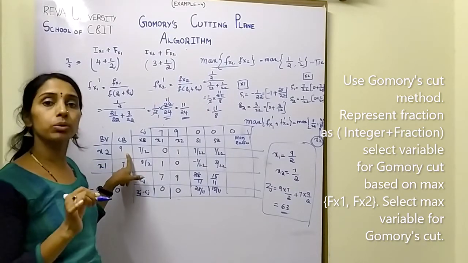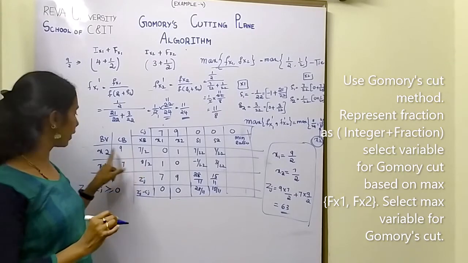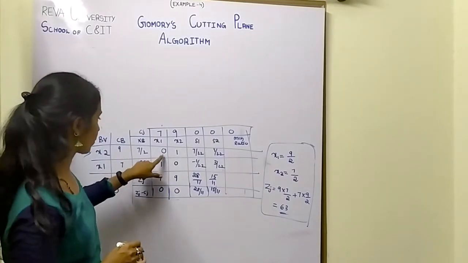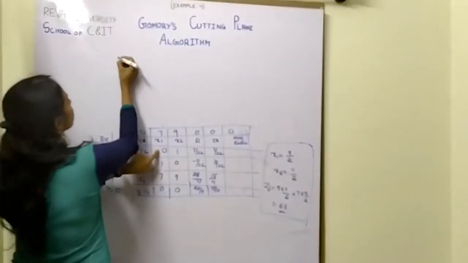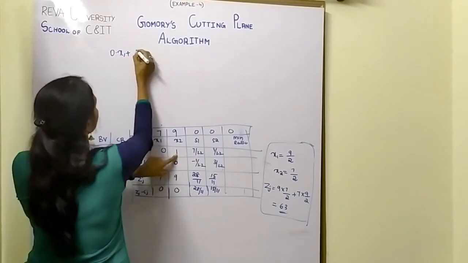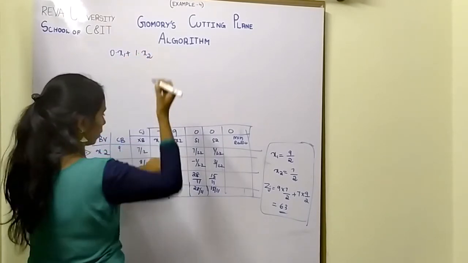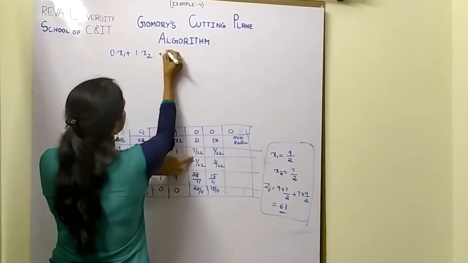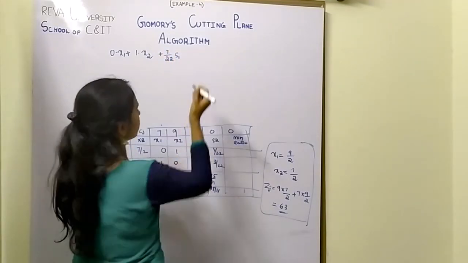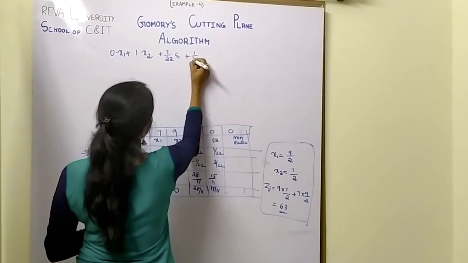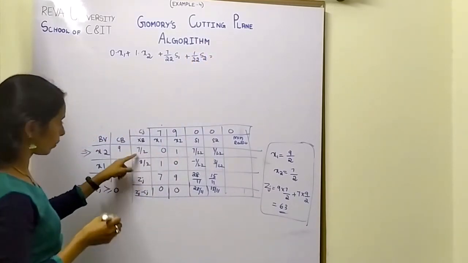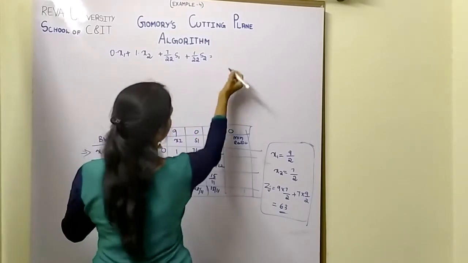Let us see how to generate the GOMORY constraint by using this x2 row. So write the expression 0 into x1 plus 1 into x2 plus 7 by 22 into s1 plus 1 by 22 into s2 equal to, what is the solution? 7 by 2.